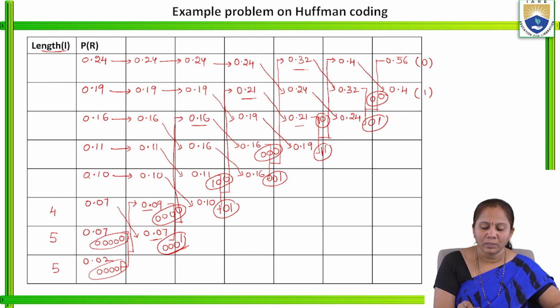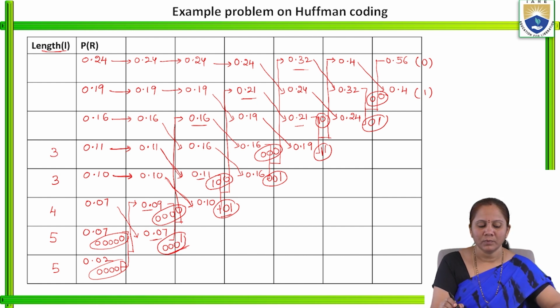Okay. So to find the length of the code for 0.10, follow this arrow mark. So here for 0.10 we have 101 whose length is 3. Now for this 0.11, follow this arrow mark and we have code for 0.11, that is 100. So the length is 3. Now next one is 0.16.